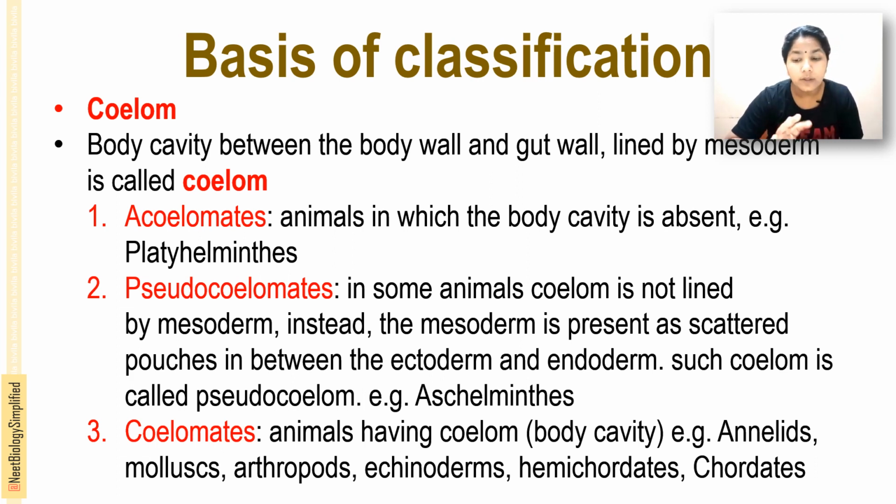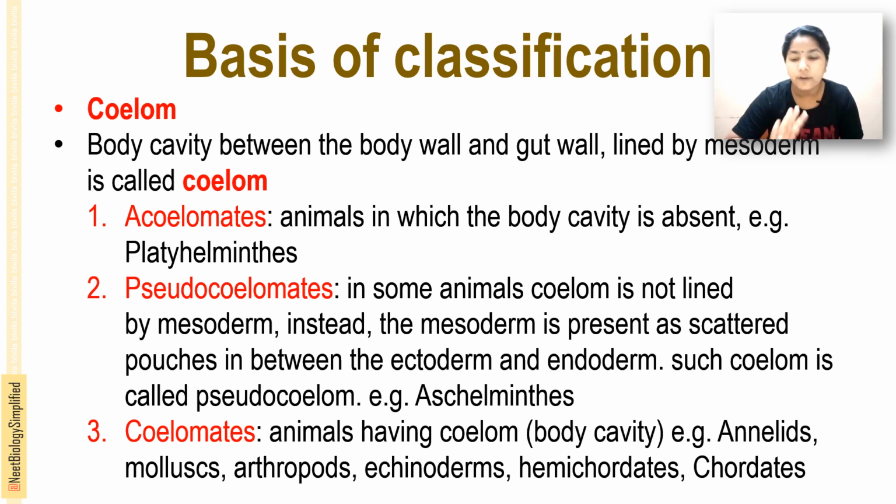And based on the presence or absence of this coelom, animals are classified into acoelomates, coelomates and pseudocoelomates. As the name indicates, acoelomates are the animals in which the body cavity is absent. Example, platyhelminthes, they don't have any body cavity.